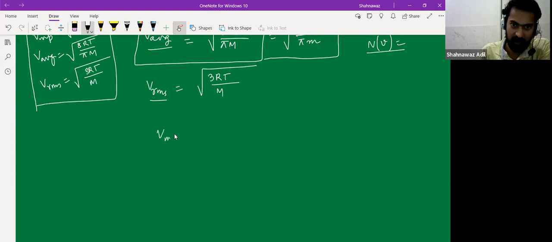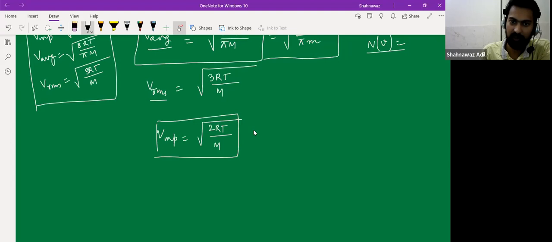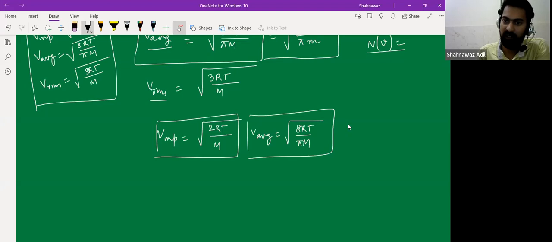Your most probable velocity will be 2 RT by m, your average will be 8 RT by pi m, and your VRMS will be 3 RT by m.